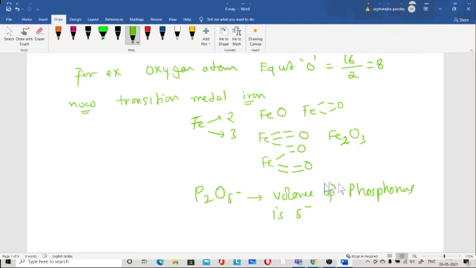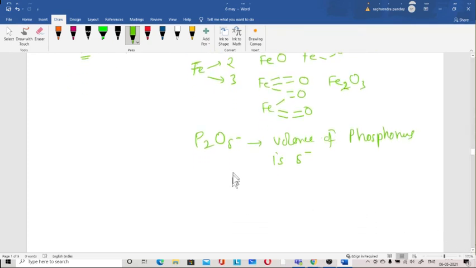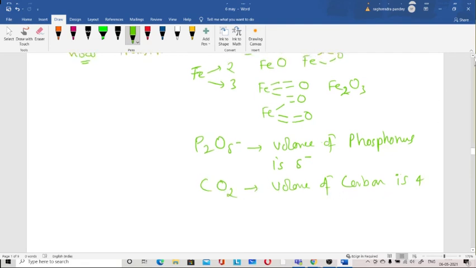Okay, that is the valency of phosphorus. Suppose I give you CO2. Valency of carbon, you already know, is 4. Okay, that is CO2. It's about the valency. I will talk more about valency tomorrow.